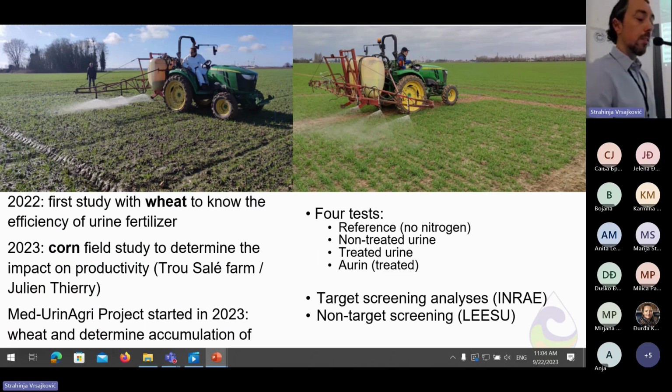So we already started some experiments with the farmers. First studies with wheat and also on cornfields to study the impact on productivity, because farmers are still wondering if urine can be as efficient as other fertilizers. And in our lab, we also analyze the samples to determine if there's accumulation of pharmaceuticals in the soil and also in the plants. So we perform a lot of targeted and non-targeted screening analysis.